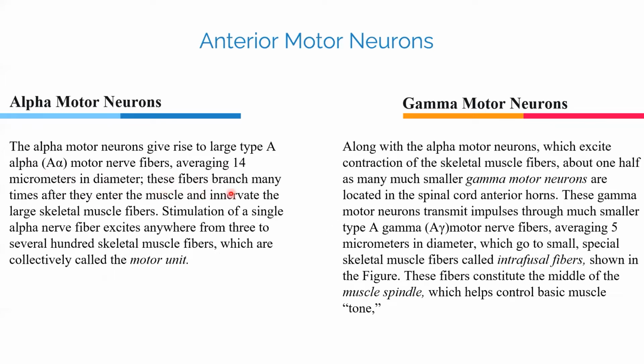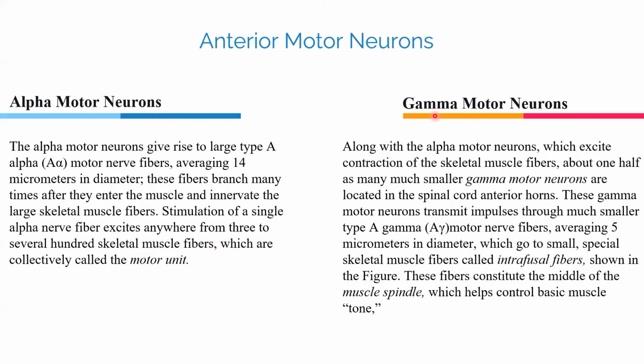These fibers branch many times after they enter the muscle and innervate the large skeletal muscle fiber. Stimulation of a single alpha nerve fiber excites anywhere from 3 to several hundred skeletal muscle fibers, which is collectively called the motor unit.